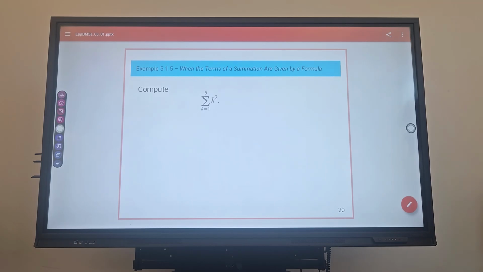Well, that would be k squared, so that'd be 1 plus 4 plus 9 plus 16 plus 25, which equals what, 77? Something like that. Yeah? Okay.